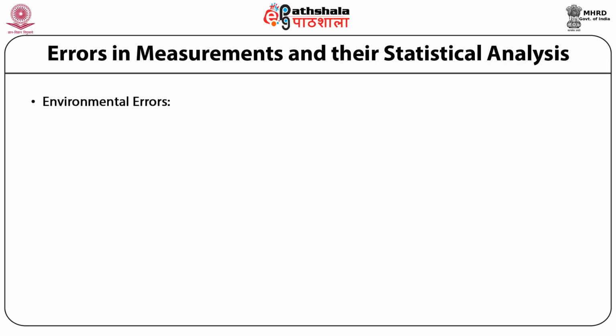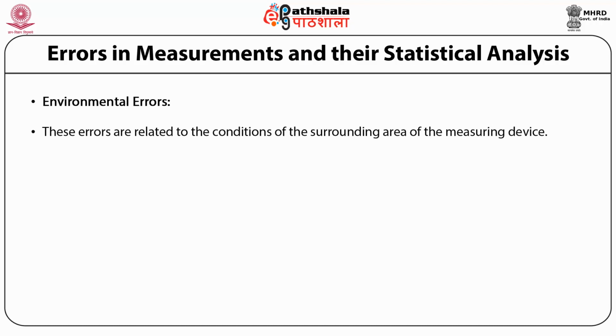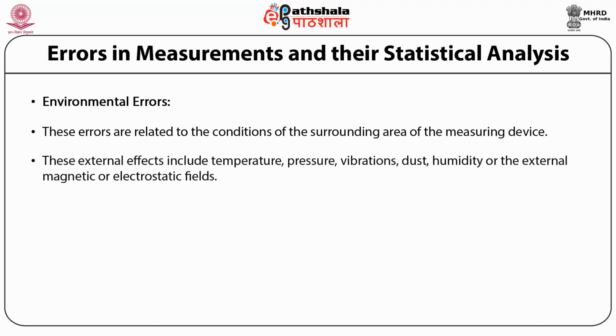The environmental errors. These errors are related to the conditions of the surrounding area of the measuring device. These external effects include temperature, pressure, vibrations, dust, humidity, or the external magnetic or electrostatic fields. Several corrective measures can be employed to reduce these kinds of errors.